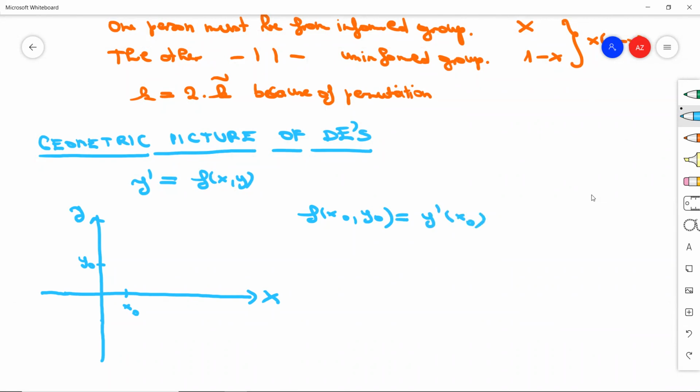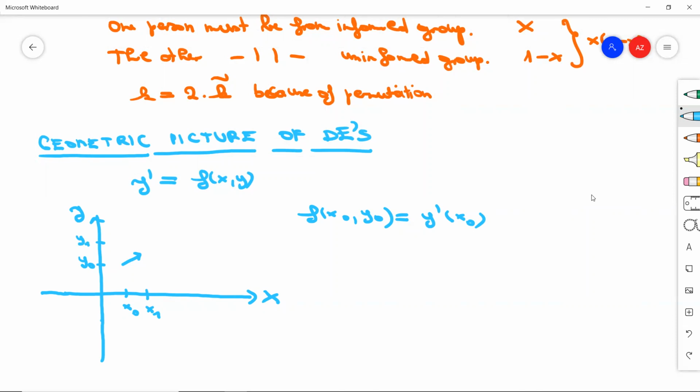So this is exactly the slope of the tangent to our curve at x naught. The slope of our tangent is, let's say, this one. Then we move along this tangent for a small quantity, and we come into, let's say, x1, y1.